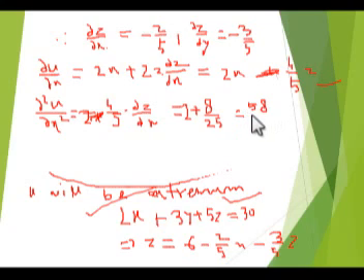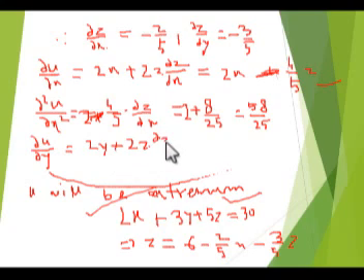58 by 25. Here I am doing del u by del y. Now you can do this with respect to y. So x is constant, this will be 0. 2y plus 2z del z by del y. We will not put the value of y but the value of del z by del y, because we will differentiate again with respect to y, partial differentiation.